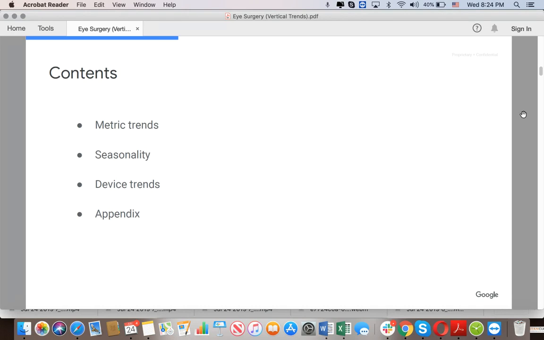We also speak about the device trends, even if I already showed you that. We will dive deeper to analyze what's going on with mobile, what's going on with desktop, and what's going on with tablets. And at the end, there will be a small appendix, like a small overview of what we have discussed, and how you can apply that strategy for your business.